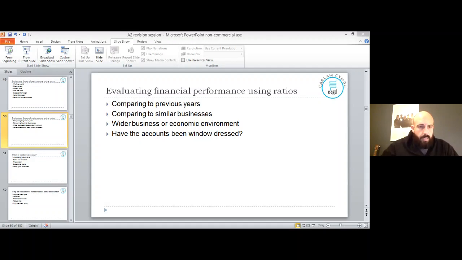Divisional strategy goes down a level. You might have come across terms like functional area or divisional area. Basically we're going down to the department level, where we're looking at the heads of different departments, heads of marketing, heads of HR, heads of finance, and what decisions they're going to take that tie in to how they're going to achieve their corporate strategy.